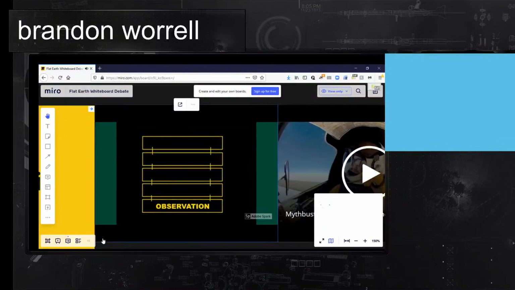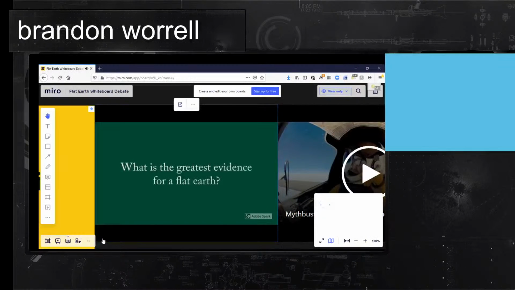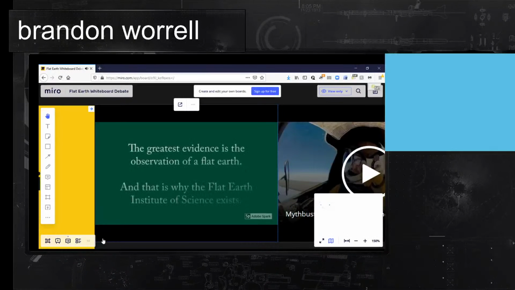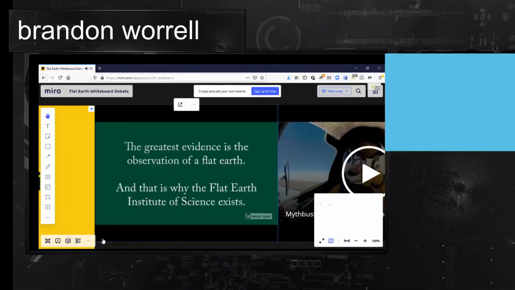Now, we will share with you our very first observation, and then we will form a hypothesis. Let's ask this question. What is the greatest evidence for a flat Earth? What do we found ourselves on? The greatest evidence is the observation of a flat Earth. And that is why the Flat Earth Institute of Science exists.